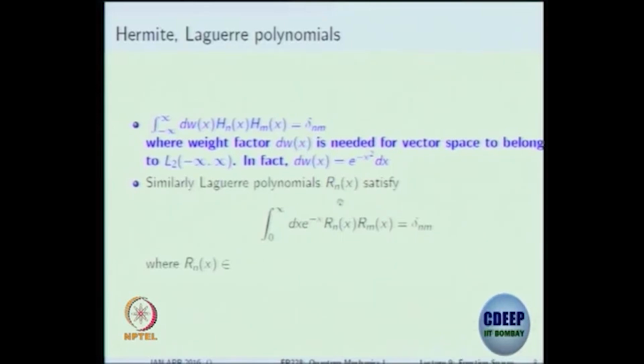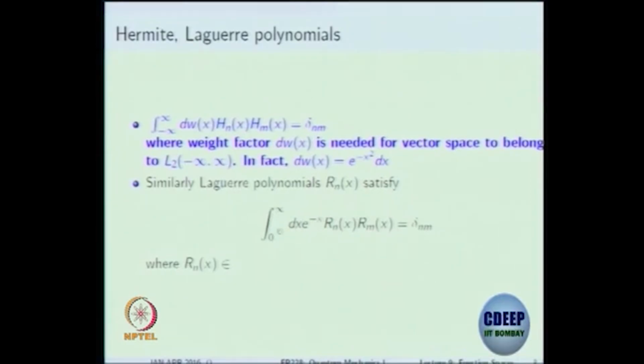Similarly, Laguerre polynomials, which you will start seeing in the hydrogen atom: it's a radial coordinate, and the radial coordinate goes only from 0 to infinity in the Coulomb potentials. So there is another polynomial, the Laguerre polynomials, but there is a new weightage factor here, because you are only on the positive x axis.